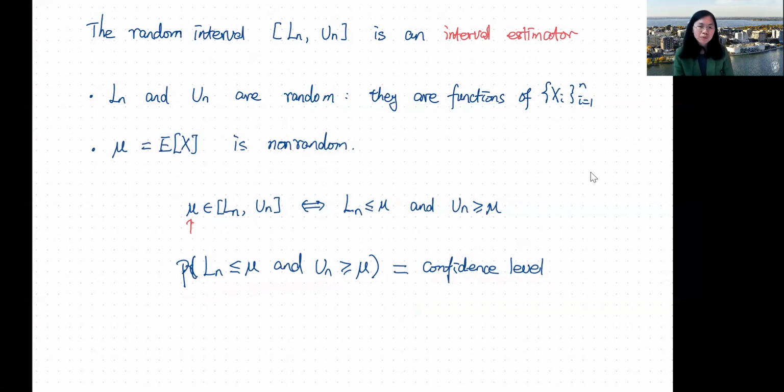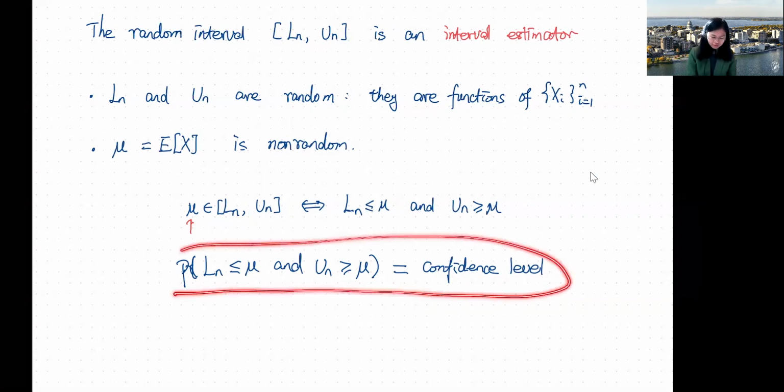If we don't put any other restriction on the random interval, on Ln and Un, we are not able to pin down one interval that satisfies this equation. There are many solutions to this equation.